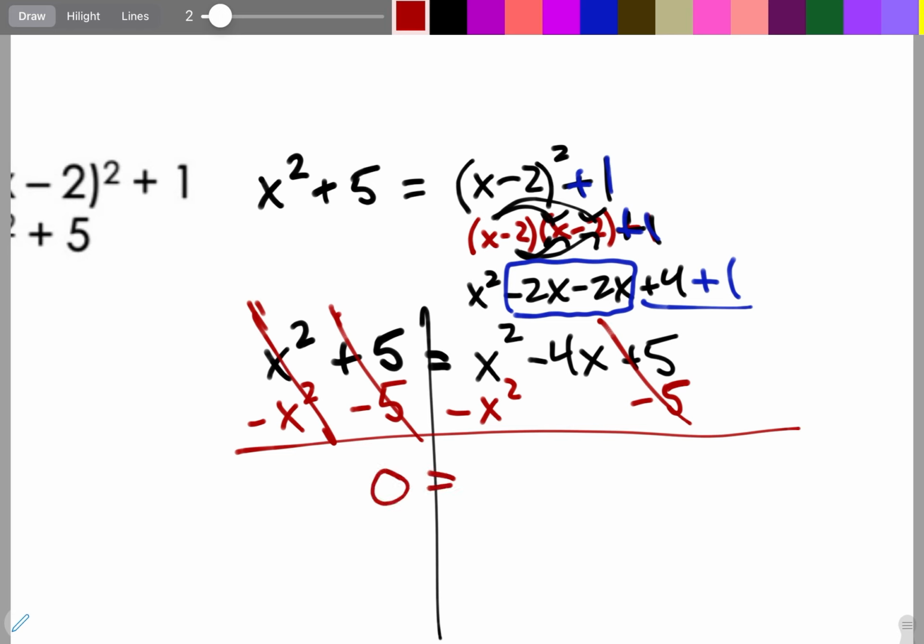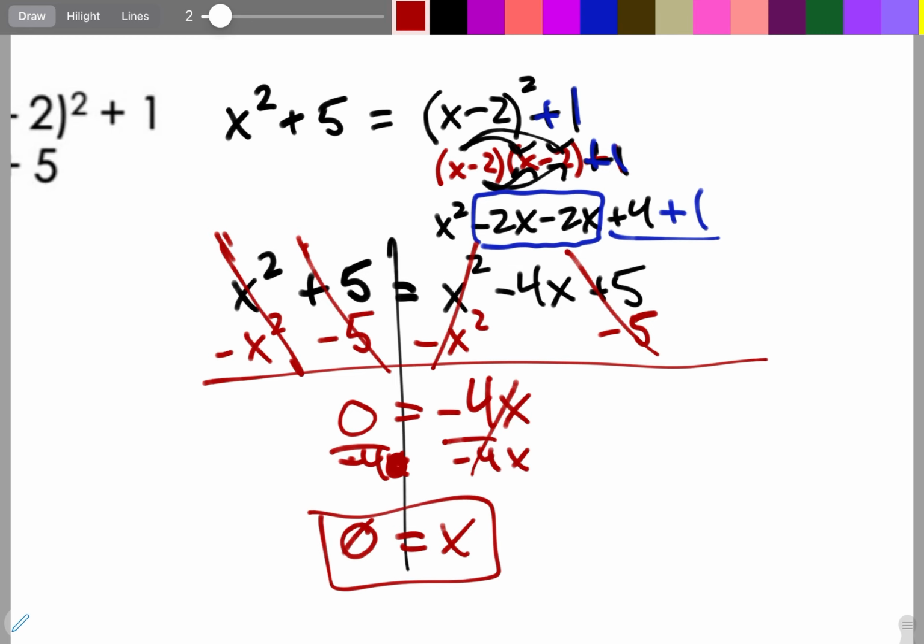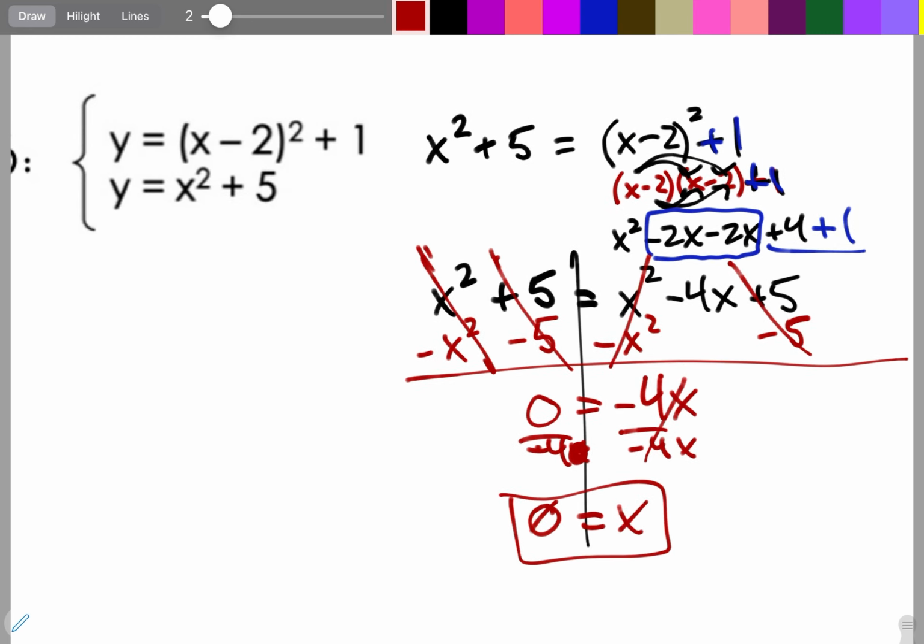With zeros on this side, I am left with negative 4x, because my x squared gets crossed out and my positive 5s got crossed out. From here, I'm going to divide by negative 4 on both sides. x is going to be equal to 0.